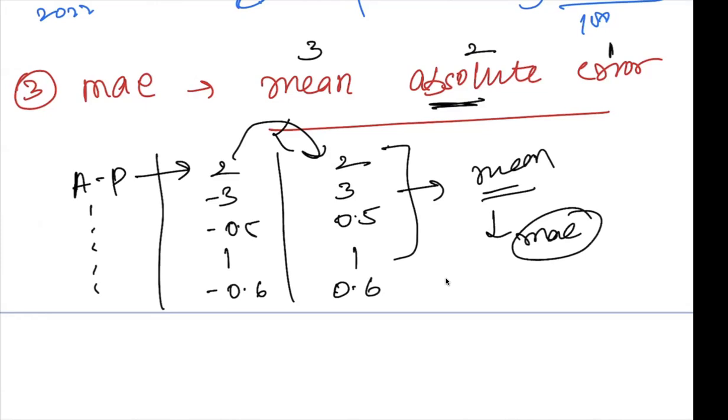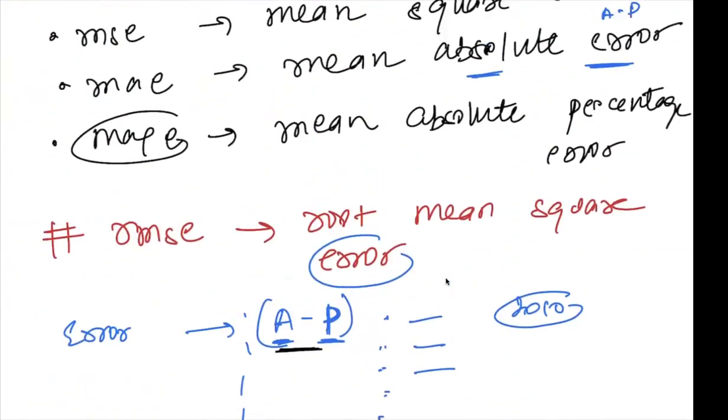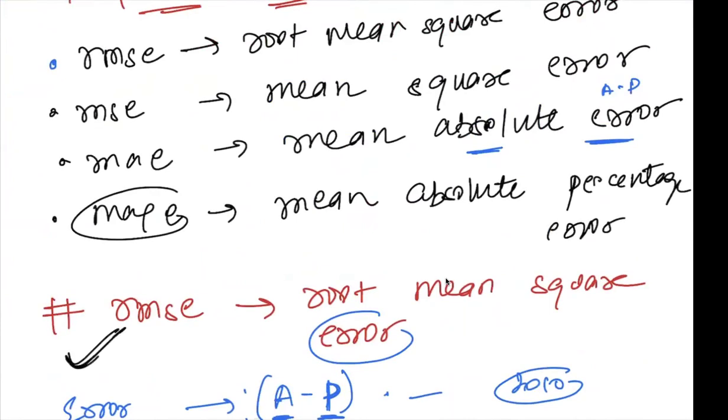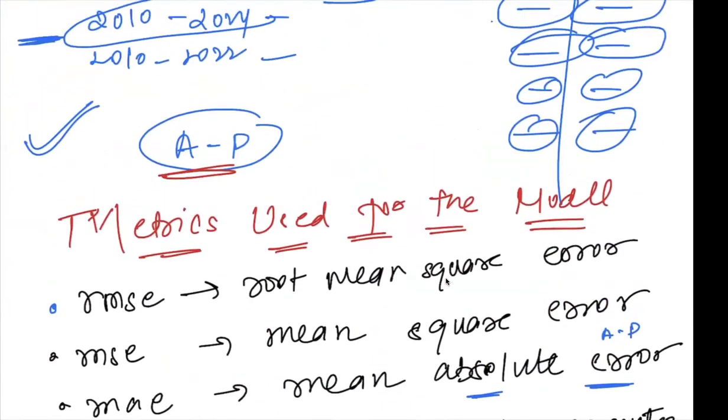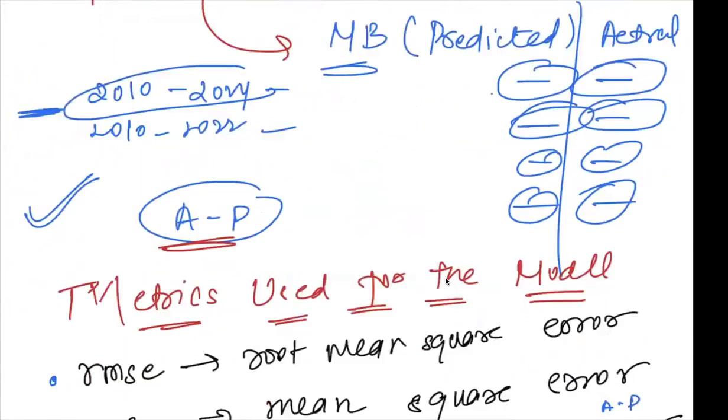These are the metrics that you will use for backtesting. Most people in the industry use RMSE, which is a very good measure to check whether the backtesting result is good or not. So this was the backtesting.